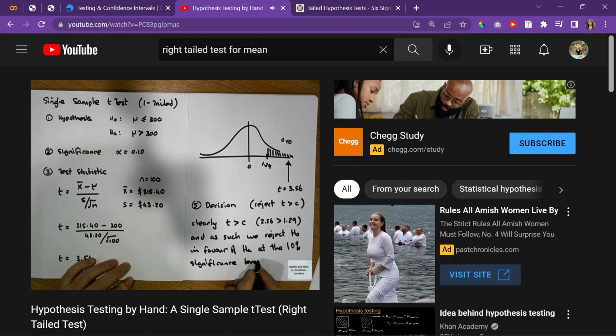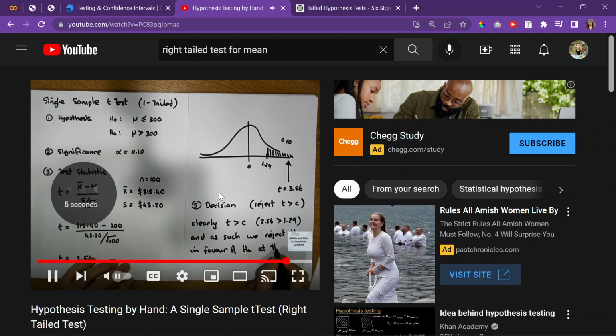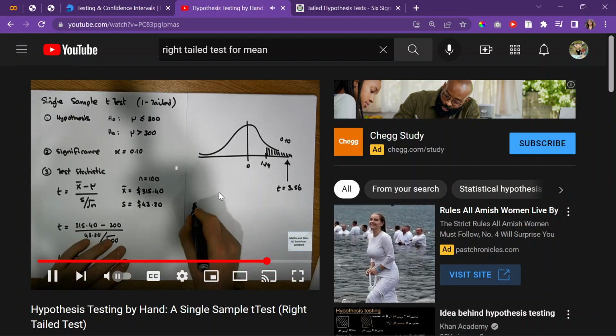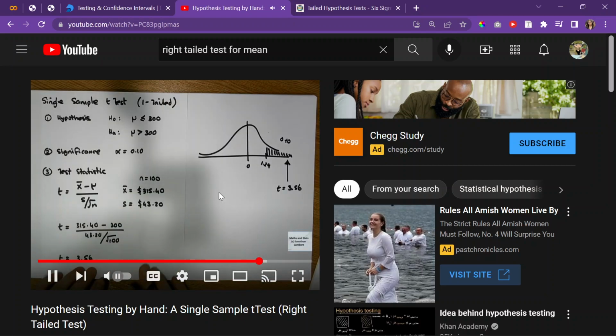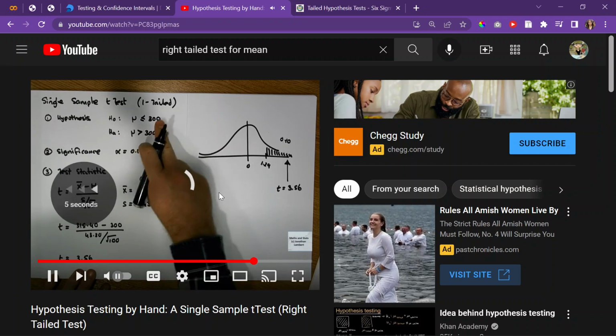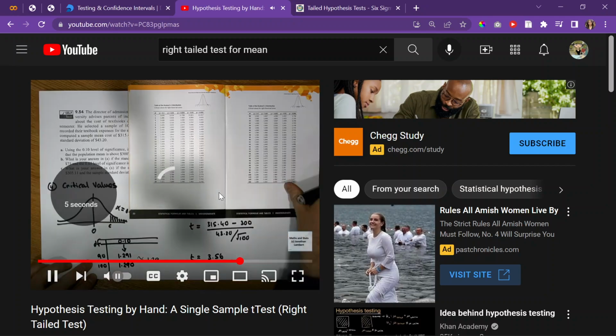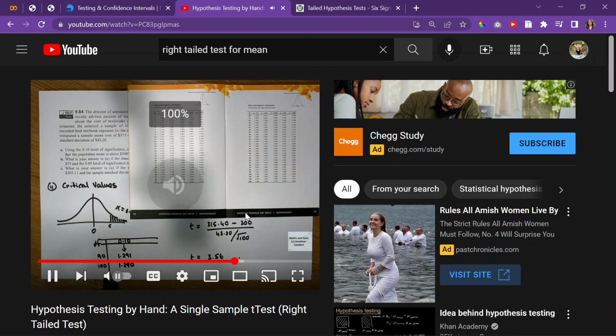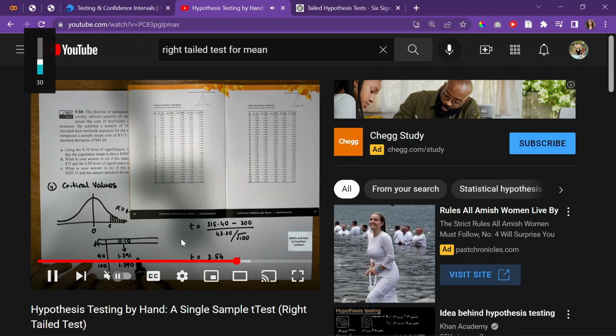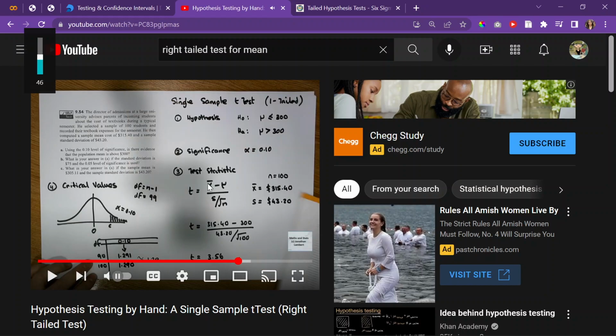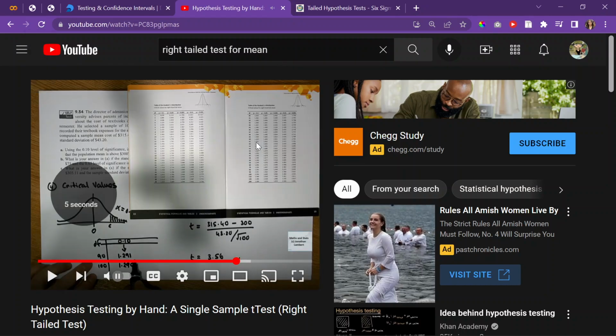What is the p-value? Is it 1.29? No. Oh yeah, it is 1.29. But is that the t-table?